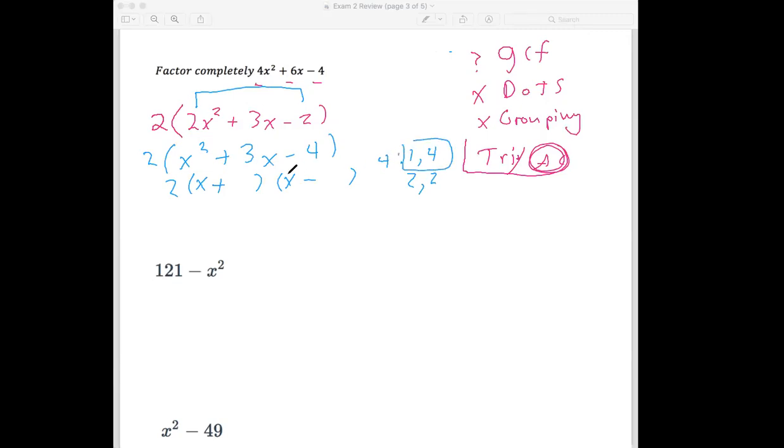Looks like we're going to need 1 and 4. So we'll put 4 and 1. And we attempt to divide by the original a. So our final answer is 2 times (x plus 2)(2x minus 1).